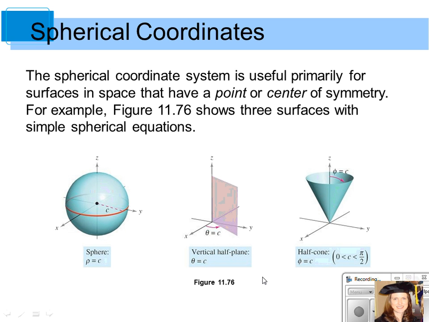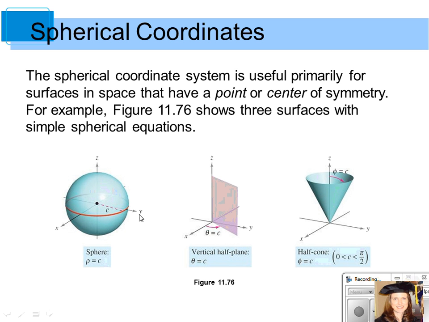The spherical coordinate system is useful primarily for surfaces in space that have a point or center of symmetry. For example, these surfaces have fairly simple spherical equations. A sphere centered at the origin with a radius c is represented in spherical coordinates with the equation rho equals c.